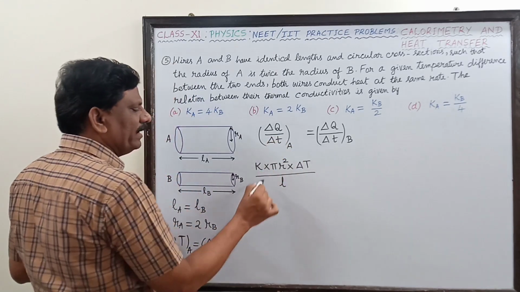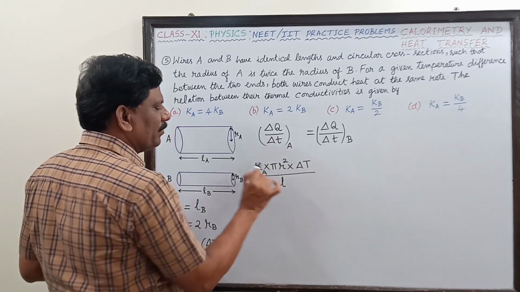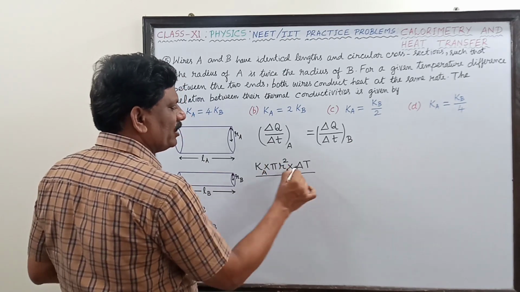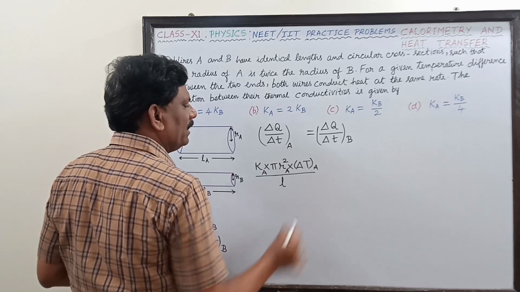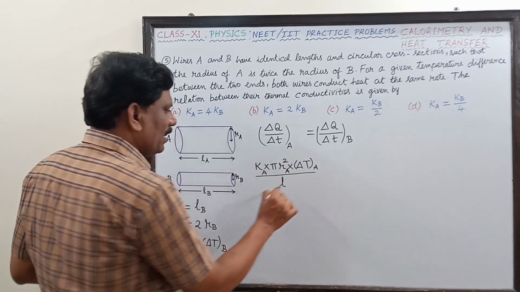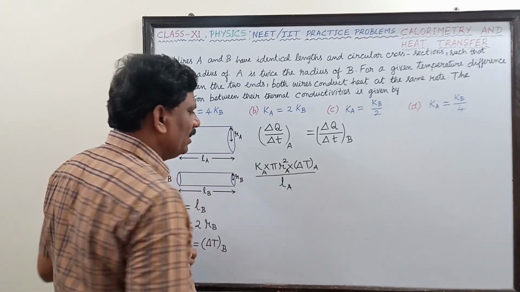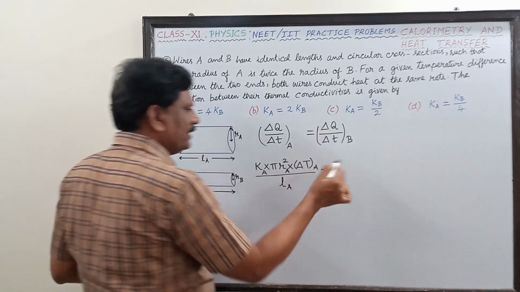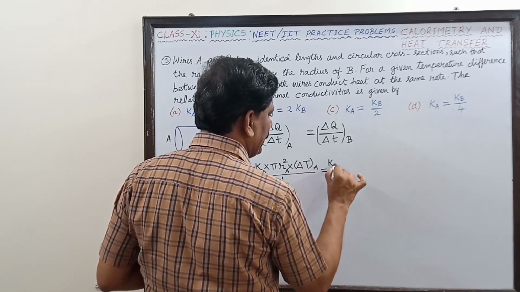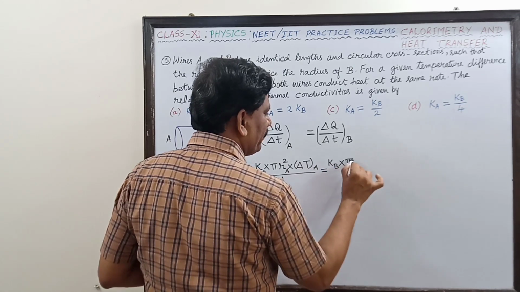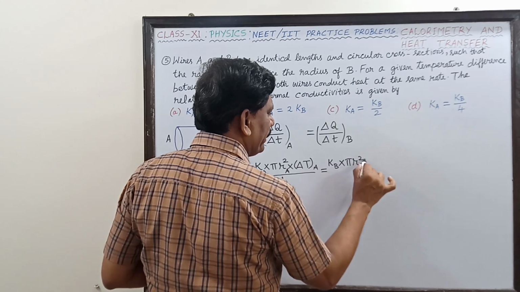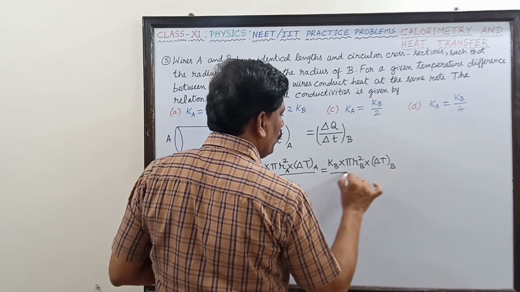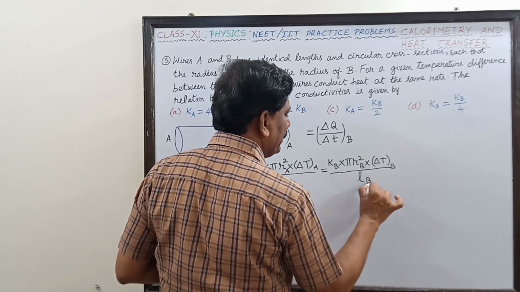So for wire A, Ka is the thermal conductivity, pi Ra square is the area of cross section of the wire, delta Ta is the rise in temperature, and La is the length of wire A. This must be equal to the similar quantities on the right hand side: thermal conductivity Kb into area of cross section pi Rb square into delta T for wire B, whole divided by its length Lb.